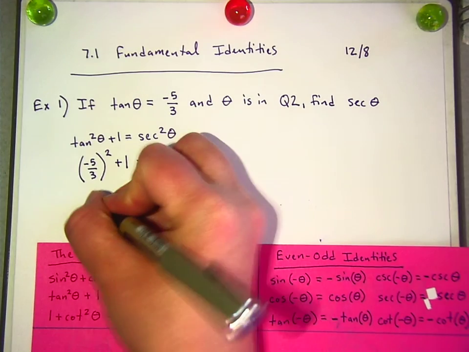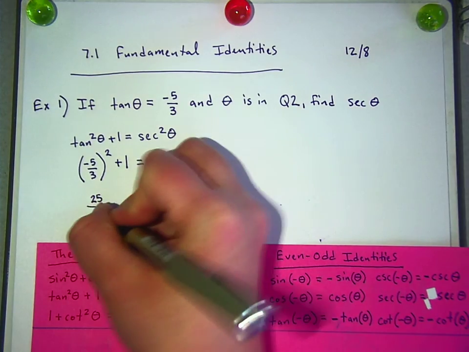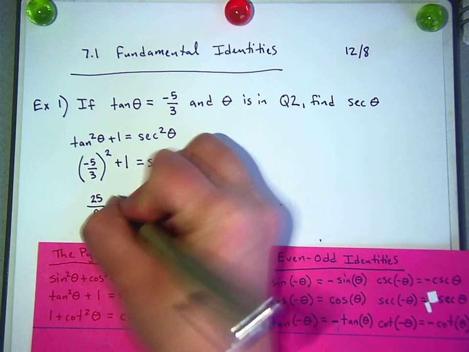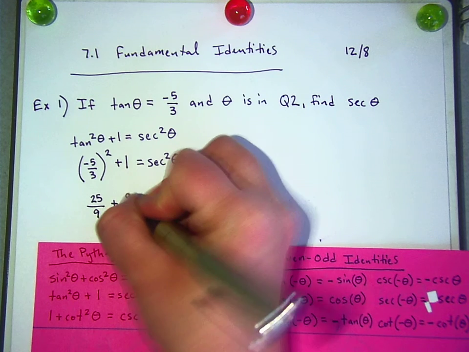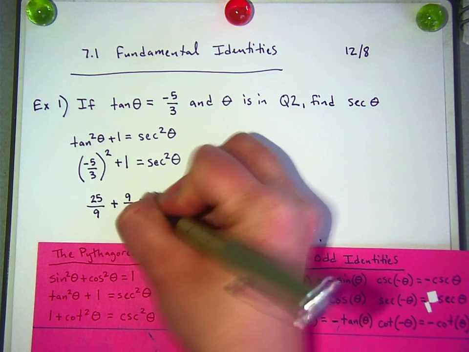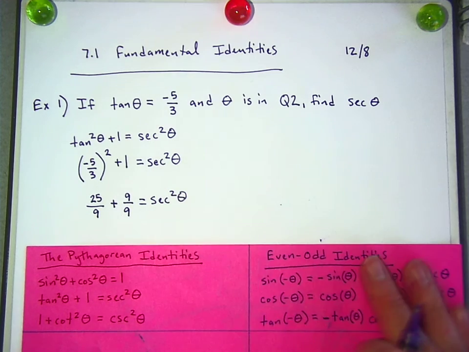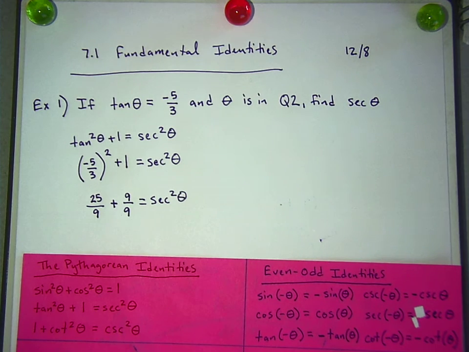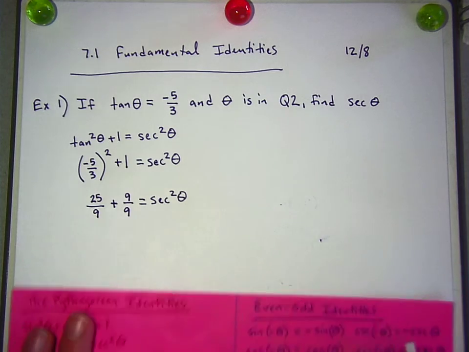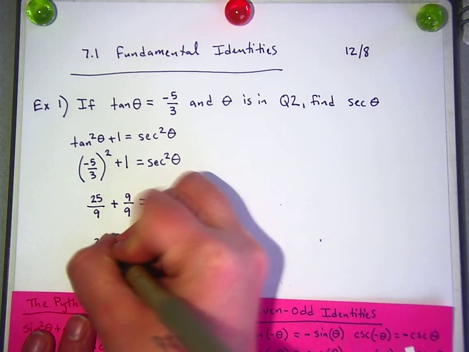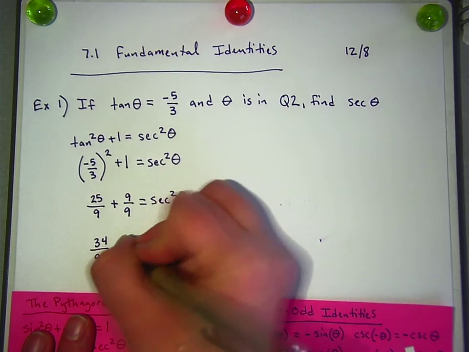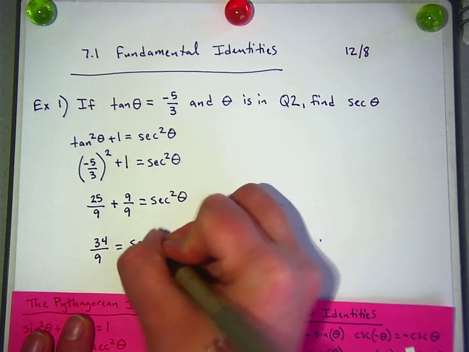So let's see, that would be what, 25/9? I'm going to make this 9/9. Do you guys understand why? What's 25 plus 9? 34. 34/9 is equal to secant squared theta.